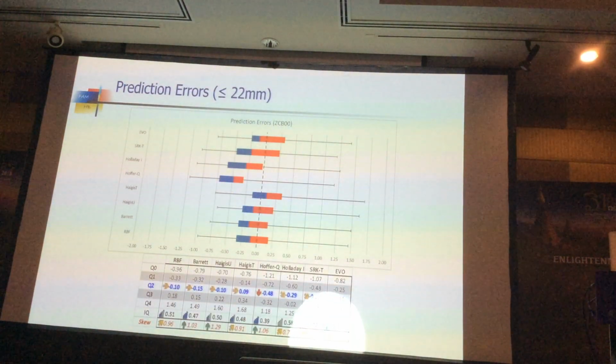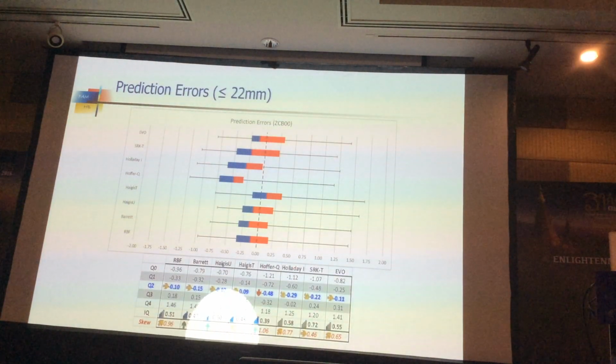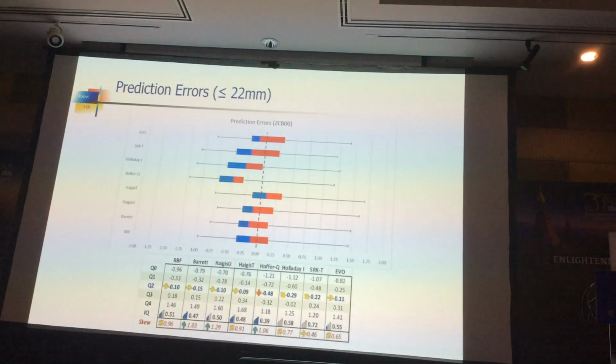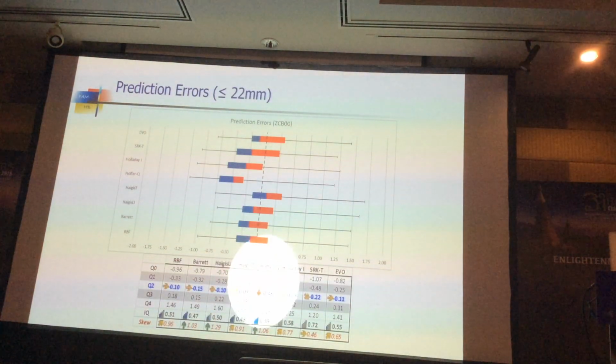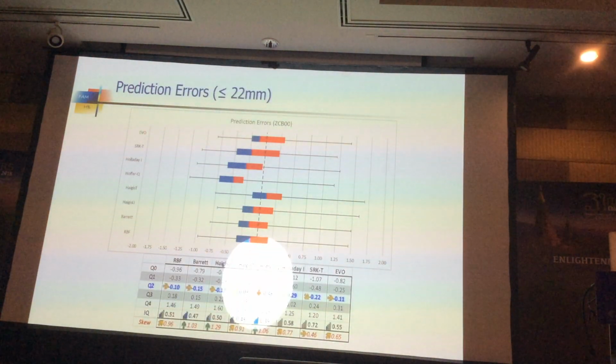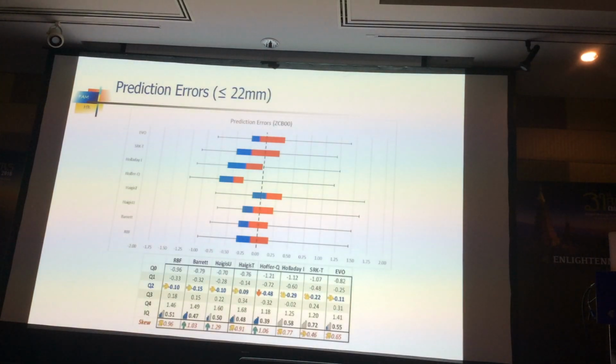Evo is 0.55, 0.47, Haigis is 0.5. Hoffer is very tight, but the mean is overcorrected. The patient is likely to end up as myopia, but the boxes are very compressed.